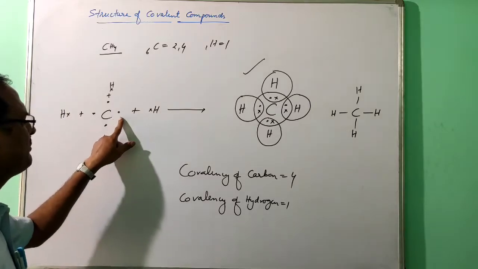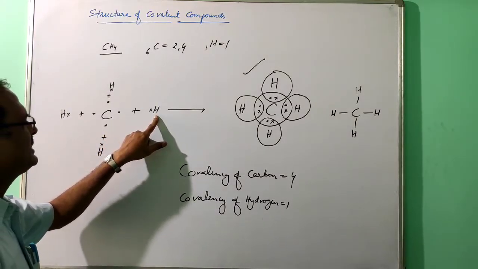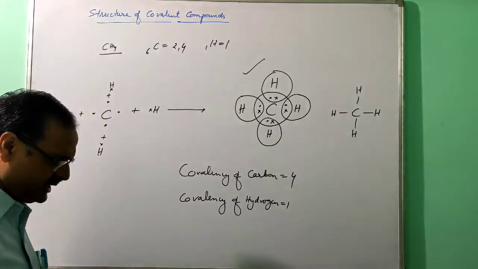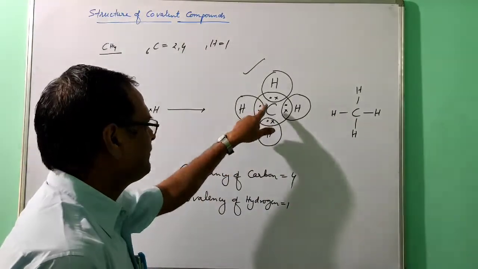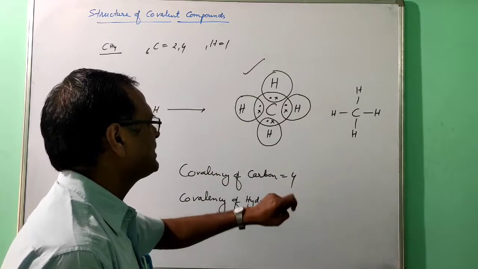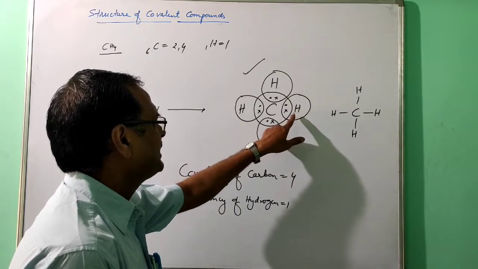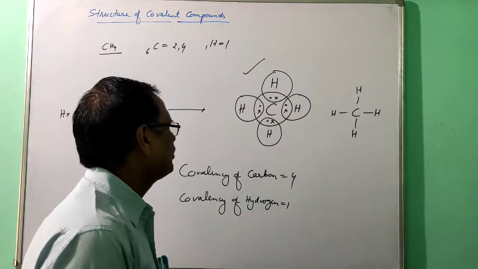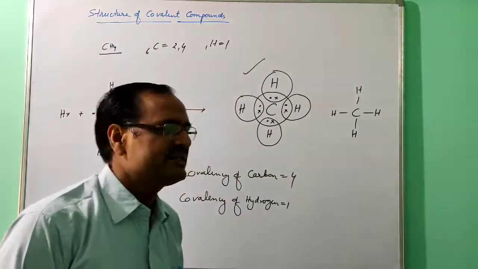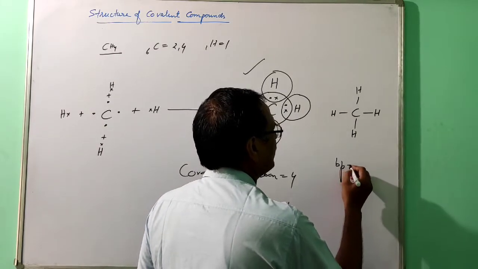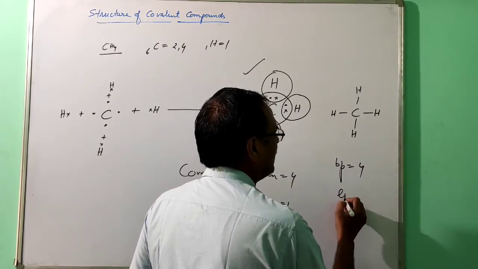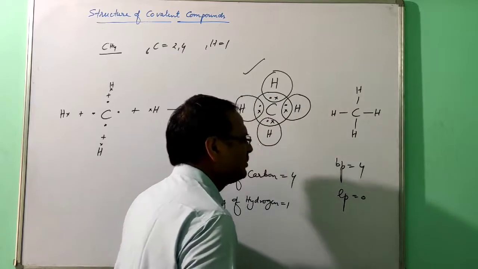Carbon is contributing 4 electrons and hydrogen is contributing 1 electron. Another way: the number of pairs of electrons an atom shares. This carbon shares 4 pairs of electrons, that's why its covalency is 4, and hydrogen shares only 1 pair, that's why the covalency of hydrogen is 1. In this structure, there are 4 bond pair electrons, and no lone pair will be there.